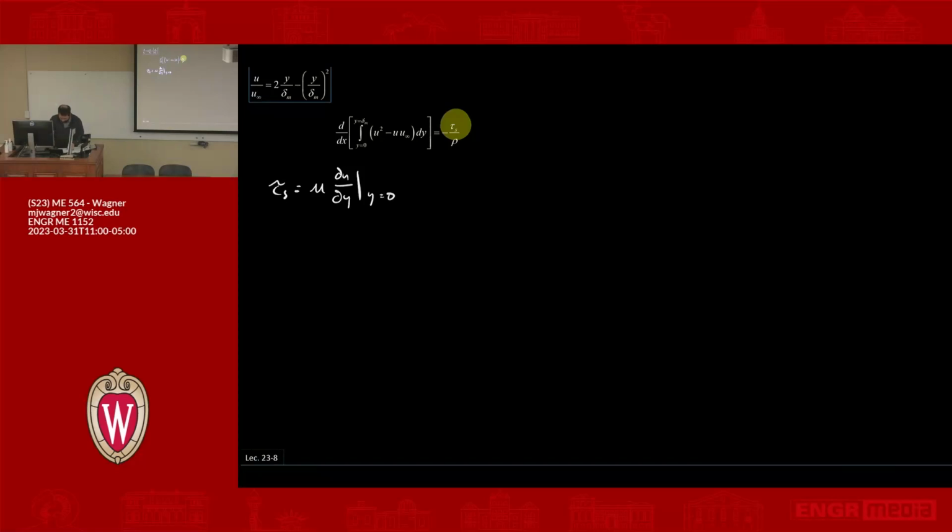So we would get this is equal to mu times partial with respect to y of u infinity times (2y over delta minus y over delta squared), all of that evaluated at y equals 0. Taking the derivative with respect to y, that gives me mu times u infinity, which is a constant and comes out.